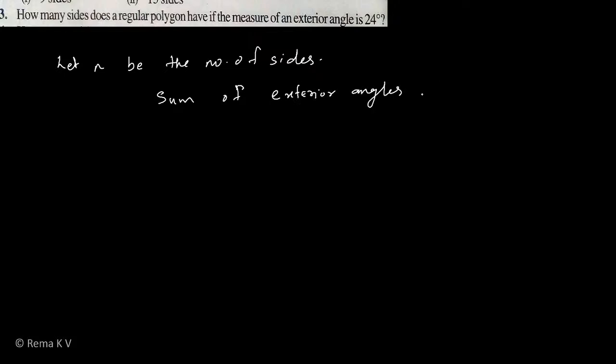So you have to consider n as the number of sides. Sum of exterior angles is equal to 360 degree.